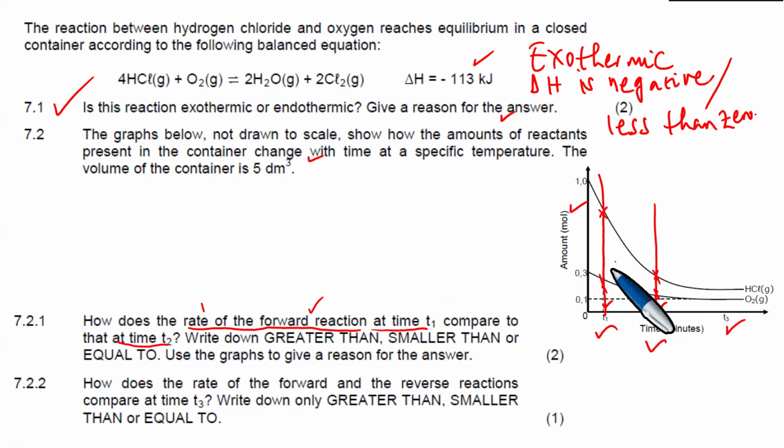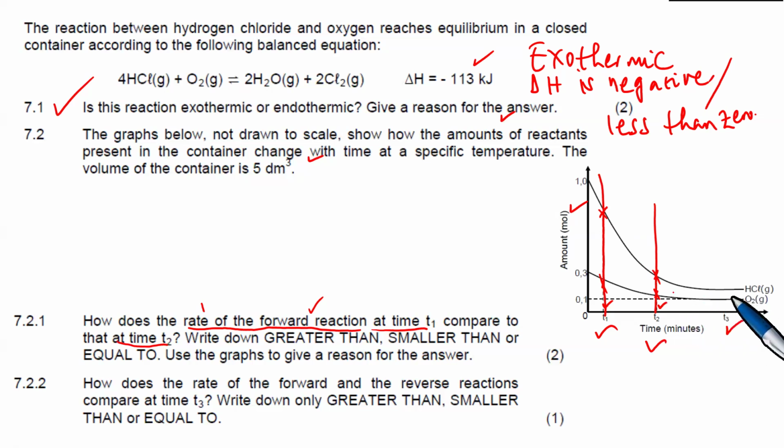Because the rate is the change in number of moles divided by change in time, here you can see that it's quickly going down, but here it's about to be level.